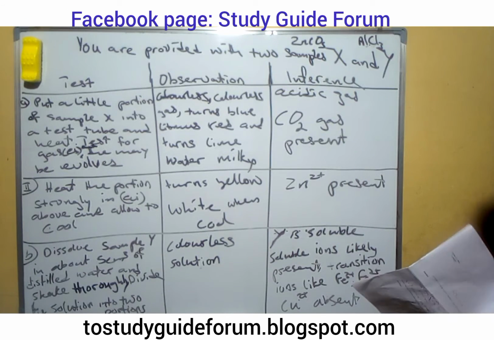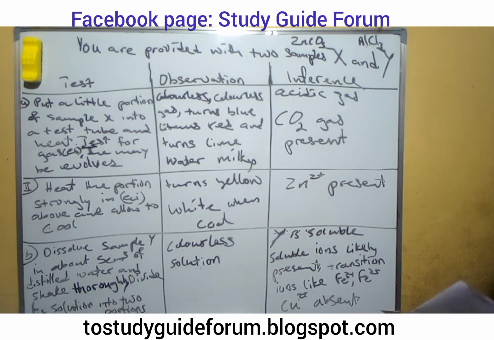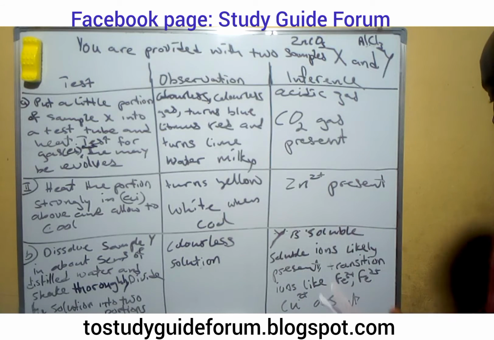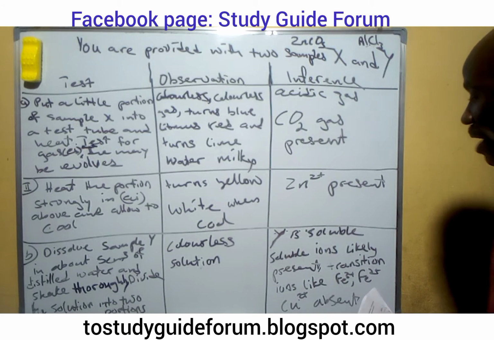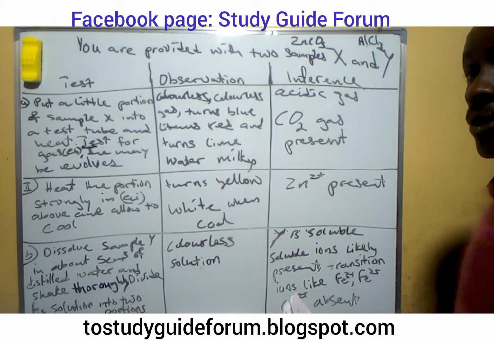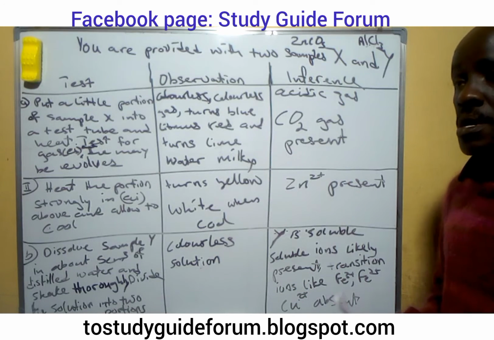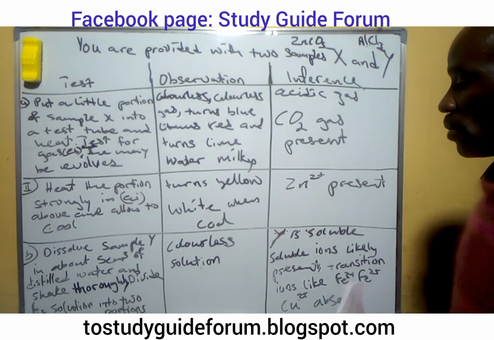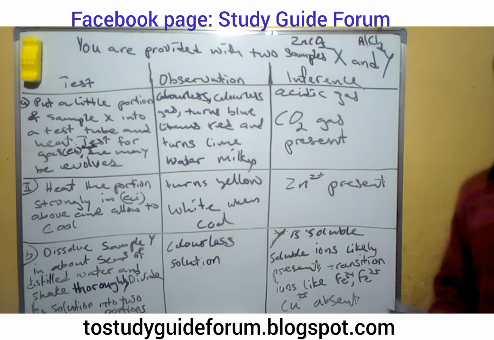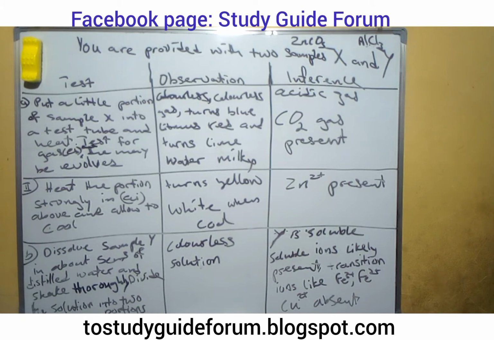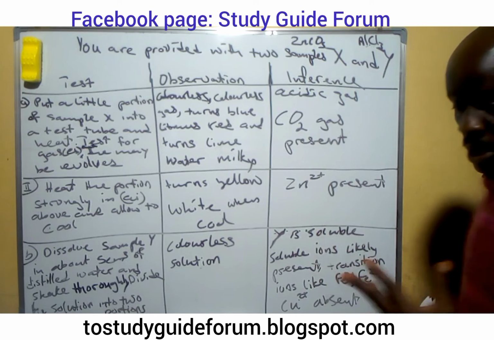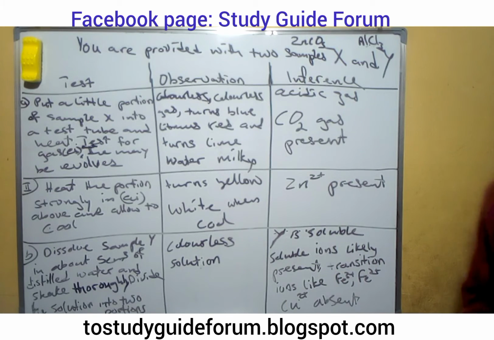That is what is indicating that all these ones are absent. And since it's soluble, it can also mean that we have soluble ions like sodium ion, potassium ion, and ammonium ion. They are likely to be here because these are known to be soluble in all cases.